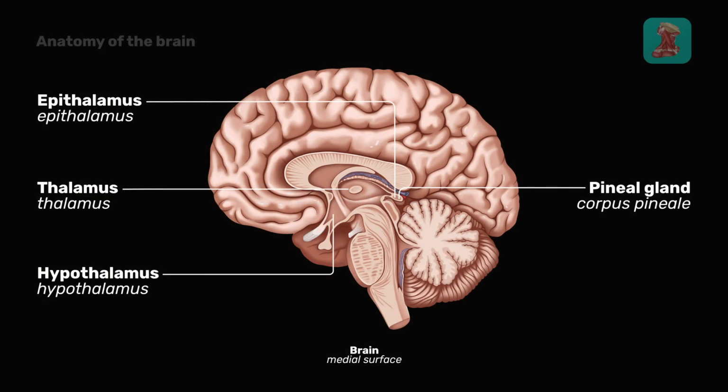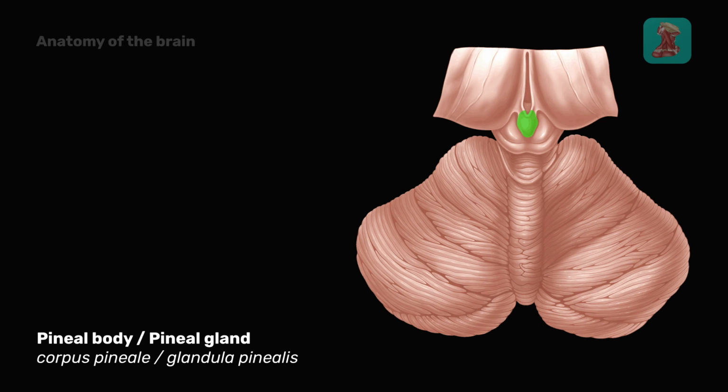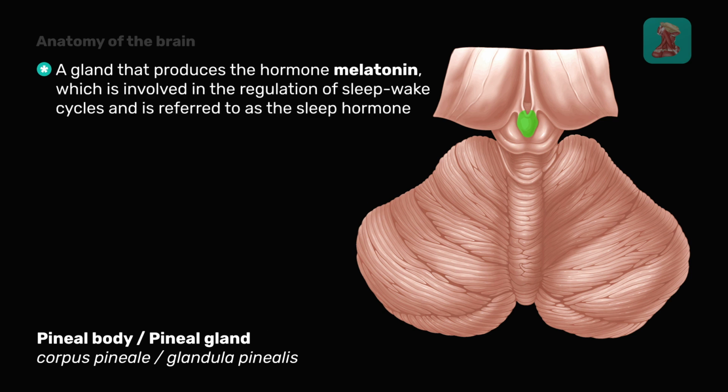The diencephalon consists of three parts: the epithalamus, thalamus, and hypothalamus. The most important part of the epithalamus is the pineal body, or pineal gland, essentially an endocrine gland producing the hormone melatonin, which participates in regulating sleep-wake cycles and is sometimes referred to as the sleep hormone.